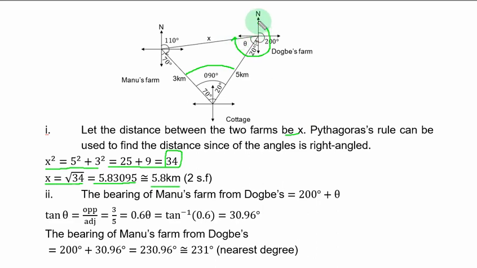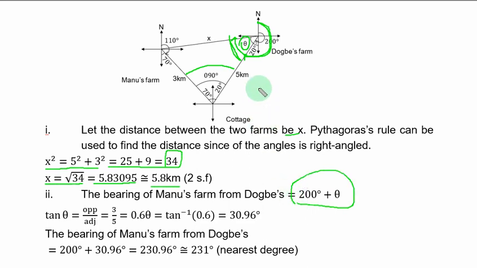Already from here to this point is 200, so you just need from here to here, which we represent with theta. Once you get theta, you add it to 200 degrees. So the bearing of Manu's farm from Dogbe's is 200 degrees plus theta.